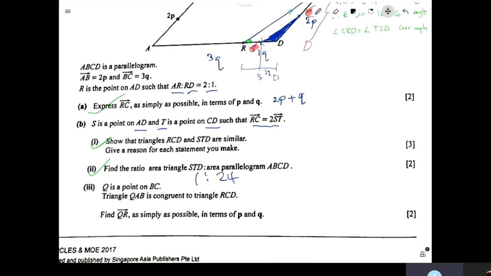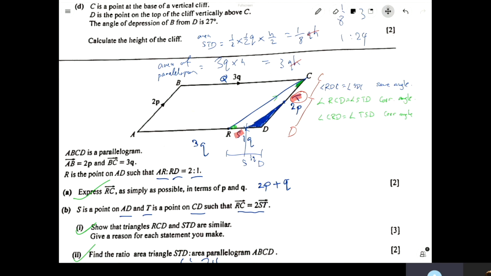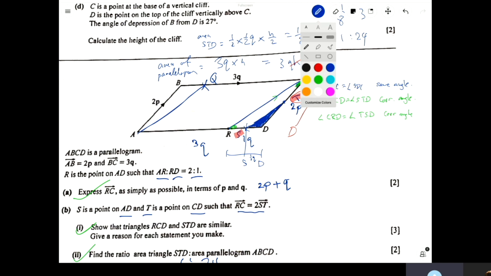QAB is congruent to RCD. RCD is on the other side.